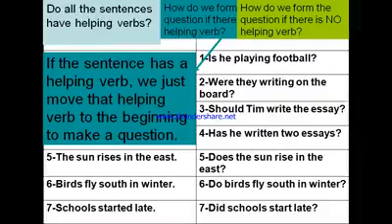And the three we can resort to are does, do, and did. Again, we put the helping verbs do, does, or did in the beginning before the subject, and we add a question mark at the end.